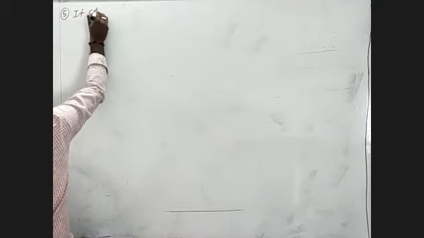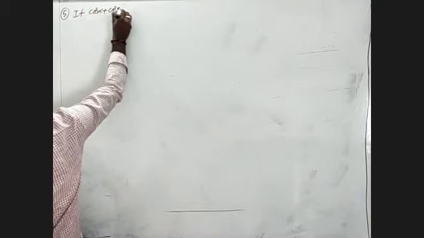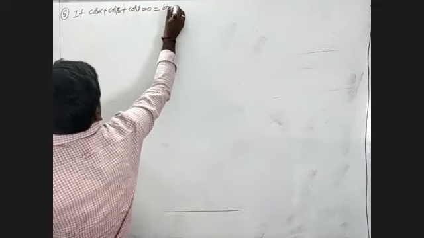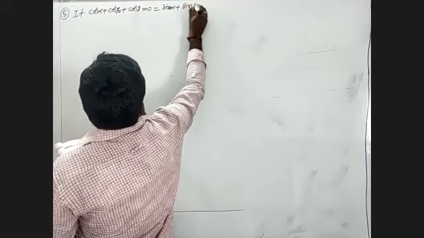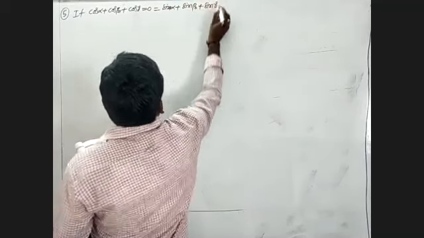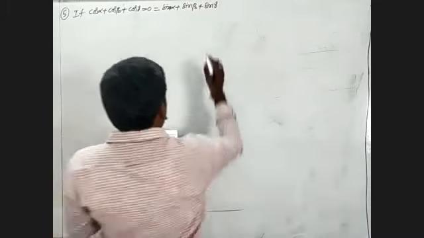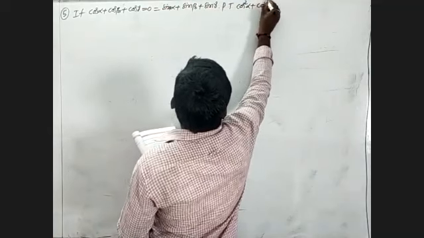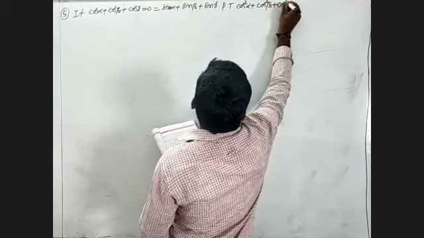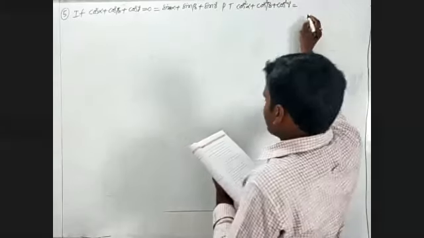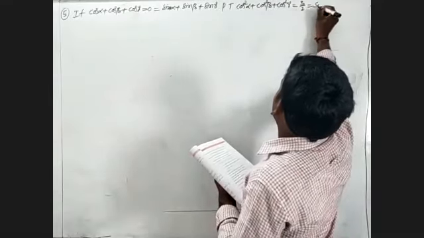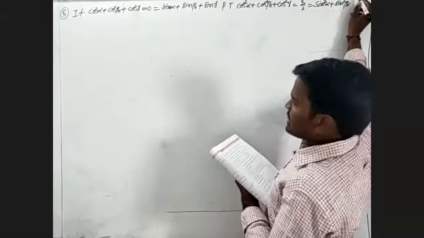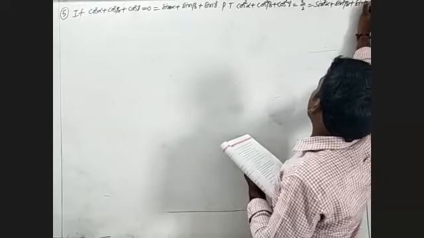If cos alpha plus cos beta plus cos gamma is equal to 0, is equal to sin alpha plus sin beta plus sin gamma, prove that cos square alpha plus cos square beta plus cos square gamma is equal to 3 by 2 into sin square alpha plus sin square beta plus sin square gamma.